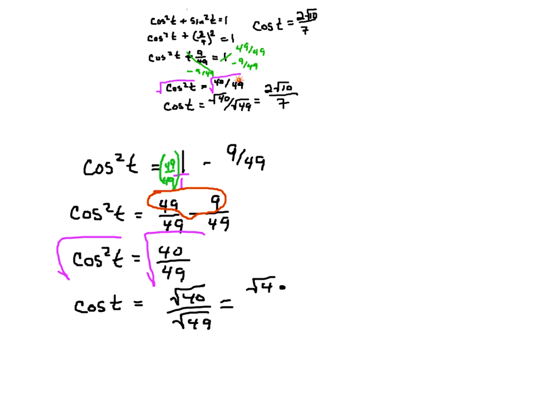This is the same thing as the square root of 4 times the square root of 10. And the square root of 49 is just 7. We know that. I can take the square root of 4 and get 2. So my final form of this cosine function is 2 square root 10 over 7.